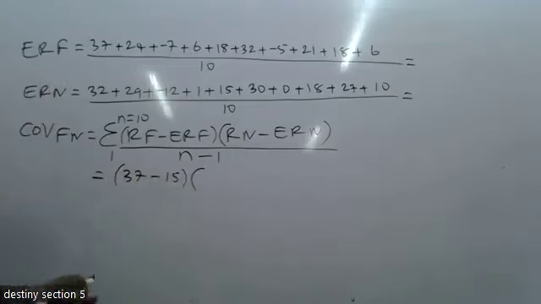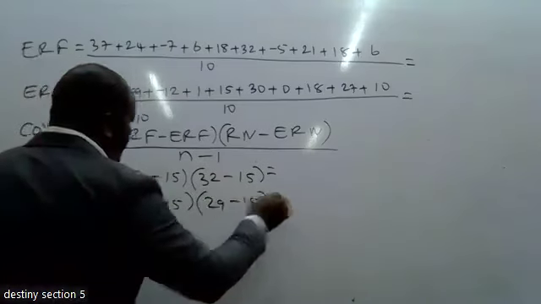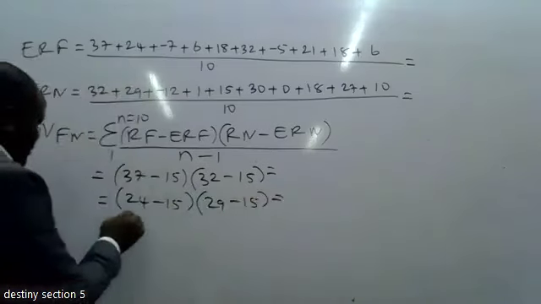So the second return for F is 24, also minus 15. Then also 29, also minus 15. We go to the next one, which is negative 7, minus 15, also negative 12, minus 15.